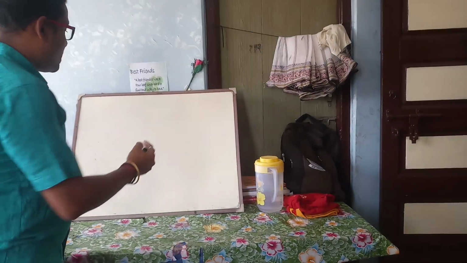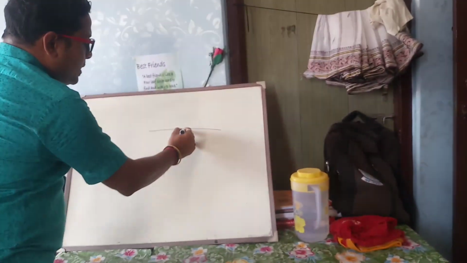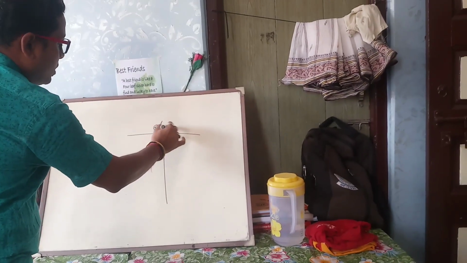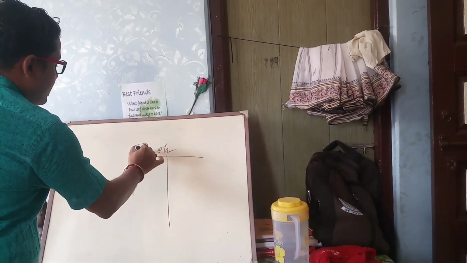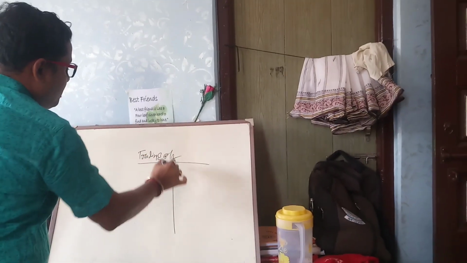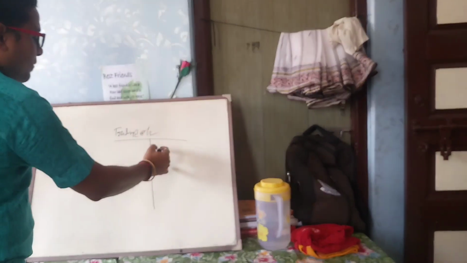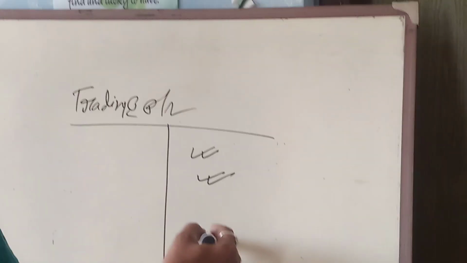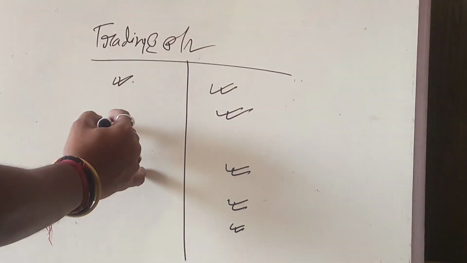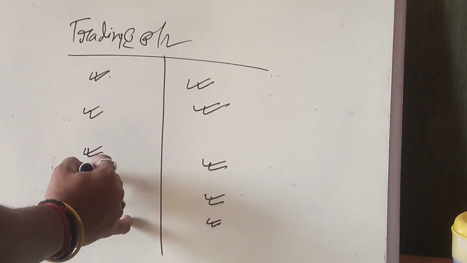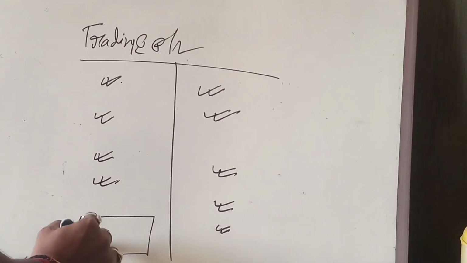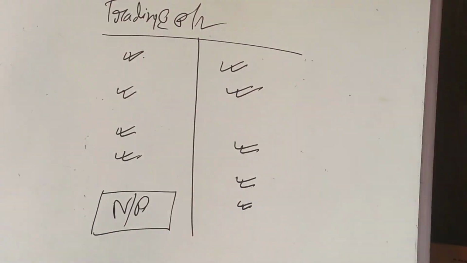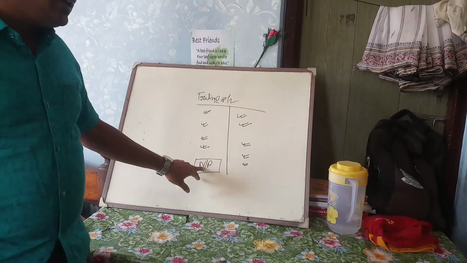Please see, if we have one trading and PL account, you have some direct incomes as well as indirect incomes, and direct expenses as well as indirect expenses, and you will get your net profit.